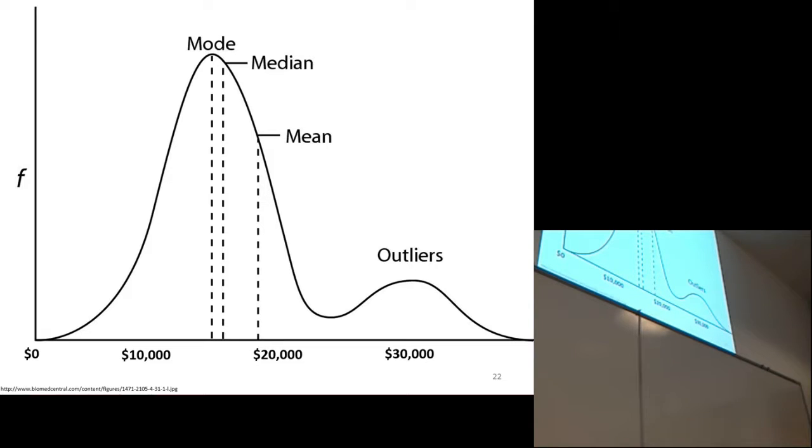So on the y-axis here, we have frequency. So the higher this line, the more individuals have a particular amount of funding. And the possible amounts of funding are all the way down here. So we start off at $0, absolutely no financial resources whatsoever, and we got 10,000, 20,000, and 30,000.